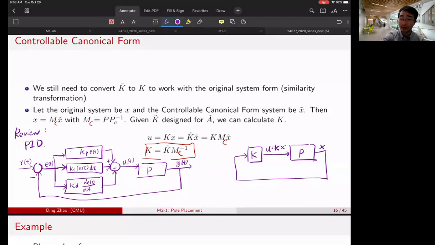Basically, you have a reference, which is how you want to control your output. You want your y(t) to go to your reference r(t). That's our goal. Then we compute the error between them. This is our error, e(t), and we feed the error.